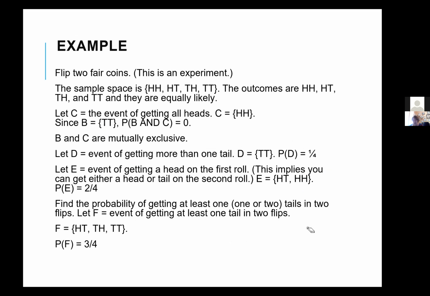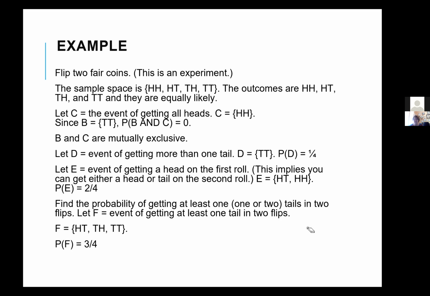Okay, let's continue this on. So again, flipping 2 coins. The sample space consists of head-head, head-tail, tail-head, or tail-tail. Let's let C be the event that I get 2 heads. Since B was the event of getting 2 tails, the probability of me getting B and C at the same time is 0.